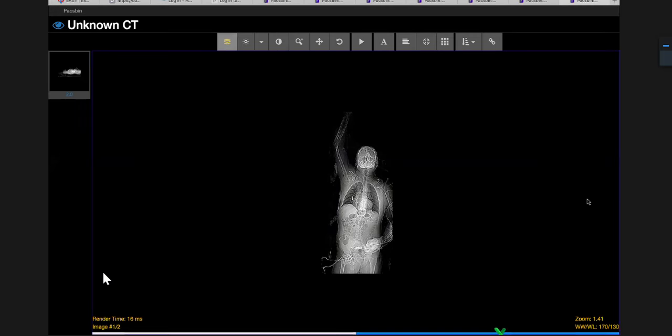Camp Bastion, a camp in Afghanistan, I believe, a military camp, and that's where they developed this protocol. It's pretty much a screening scan for major traumas, because traumas are coming through so fast that you can't waste time doing an arterial and a portovenous scan separately for each patient.